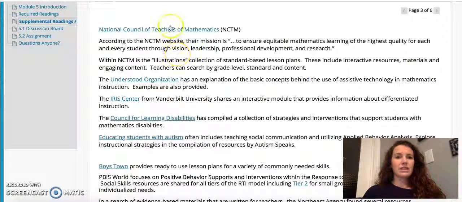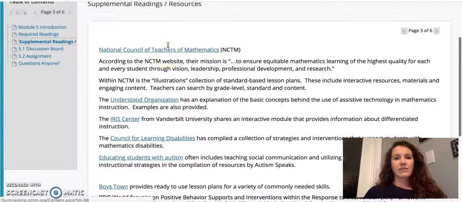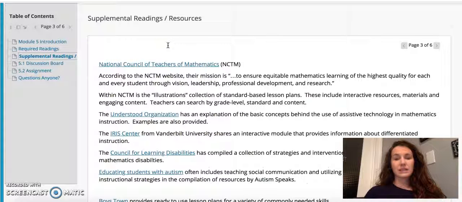Within the National Council of Teachers of Mathematics, they have some standards-based lesson plans that are ready to go. They have printable material. Anything that you would need is available to you to use in that lesson plan, and I believe they cover pre-K all the way up to the high school levels.